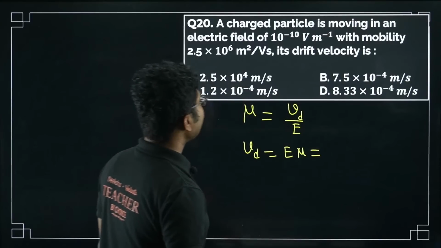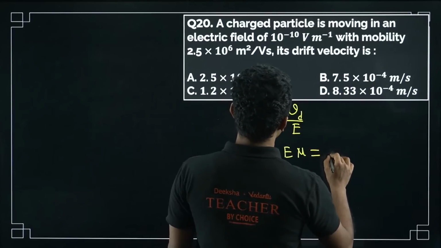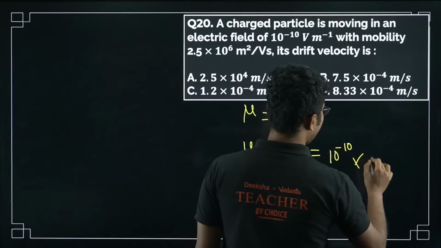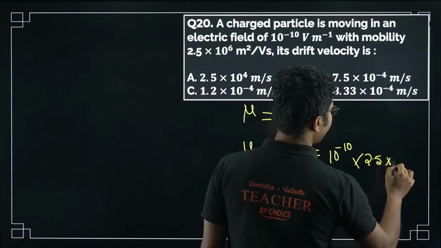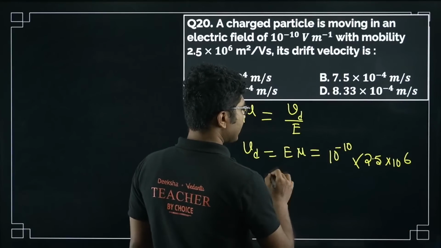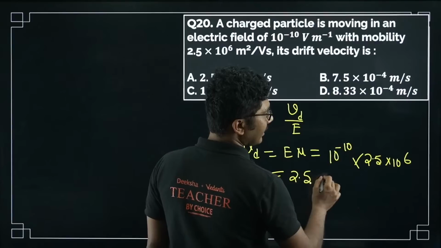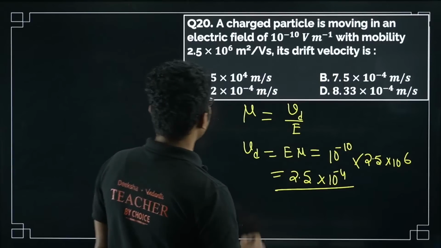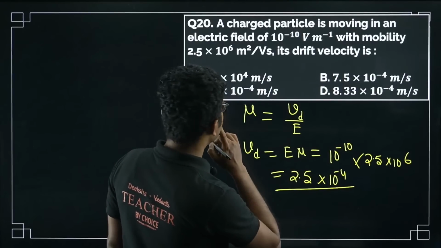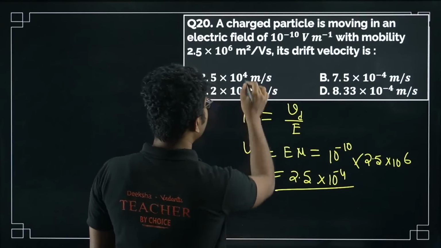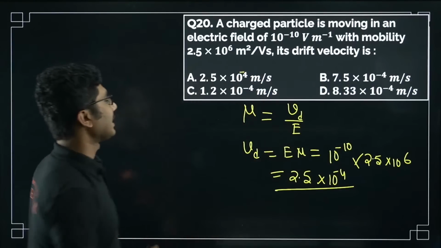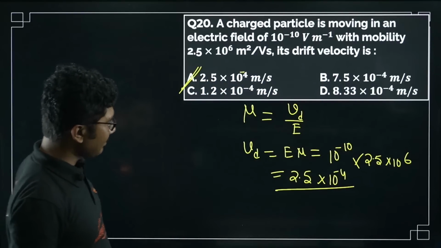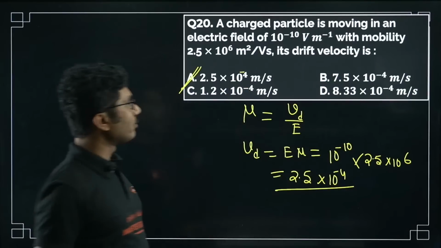Now electric field is given 10 to the power of minus 10 and mobility is given 2.5 into 10 to the power of 6. So just a simple formula, put the values and you can calculate it, 10 to the power of minus 4. Okay, so 2.5 into 10 to the power of minus 4. I think this option is incorrect. All the options have 10 to the power of minus 4 except this one, which is not acceptable, so it will be 10 to the power of minus 4 over here.